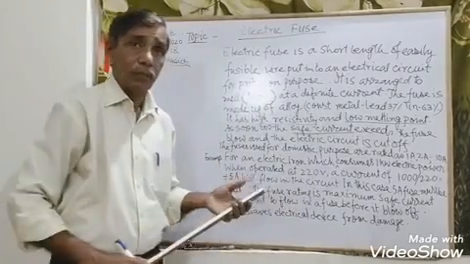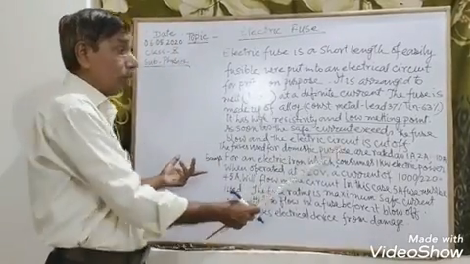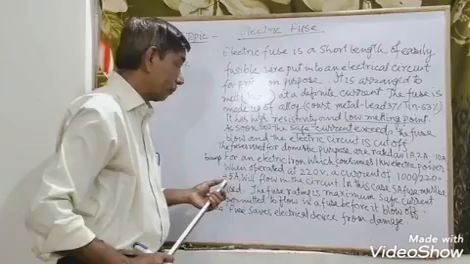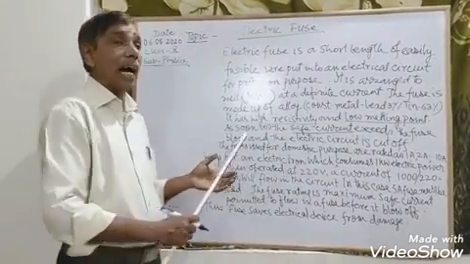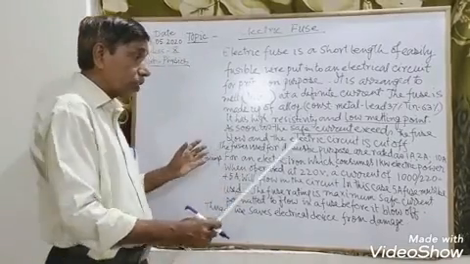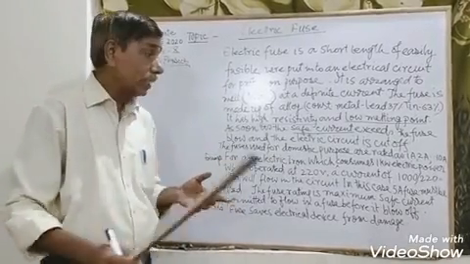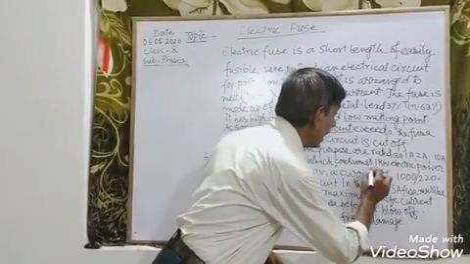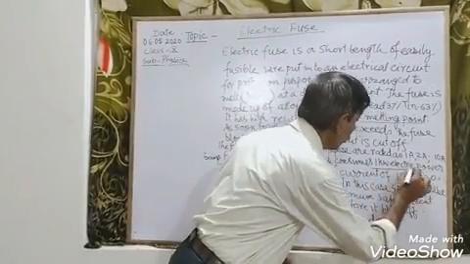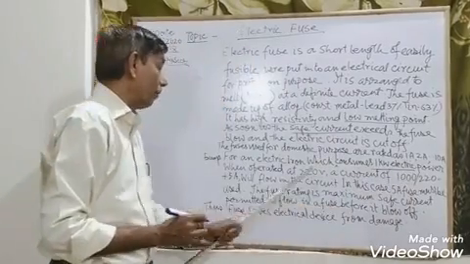And as you know, the unit of electric current is ampere. For example, an electric iron consumes 1 kilowatt of electric power.